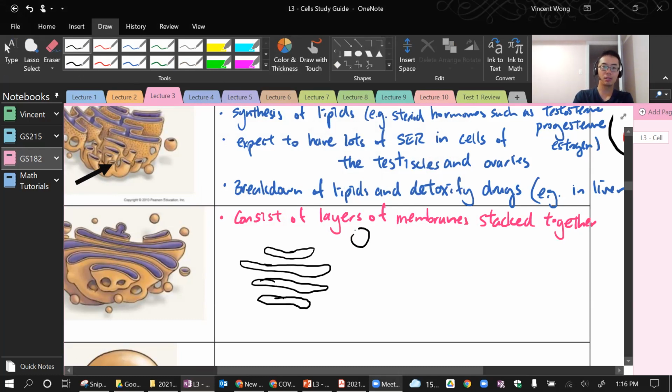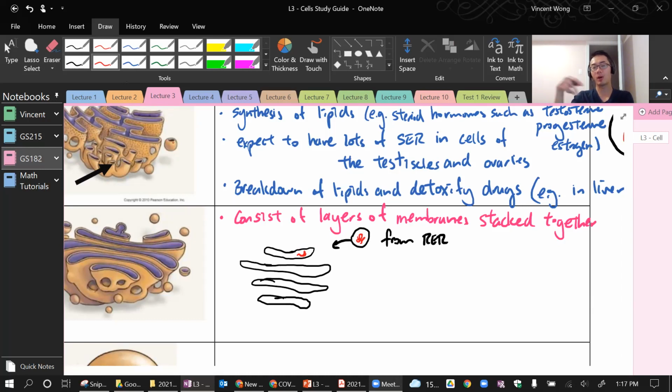So this is just a simplified Golgi body. The vesicle that contains the protein from, for example, rough ER is going to fuse with the Golgi body. So the protein will go into the first layer. At the end of these proteins, there are usually some kind of signal tag, a few amino acids at the end that are kind of like barcodes.